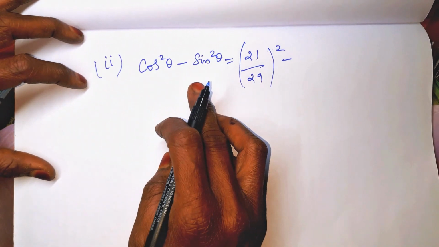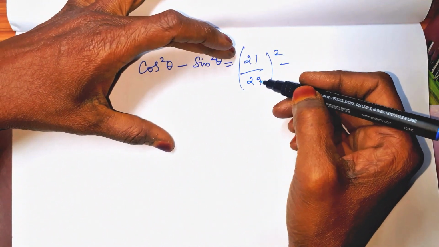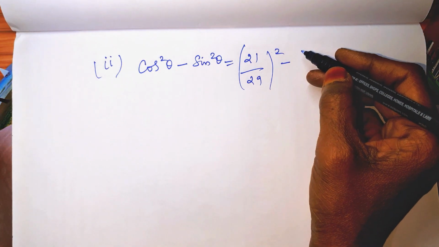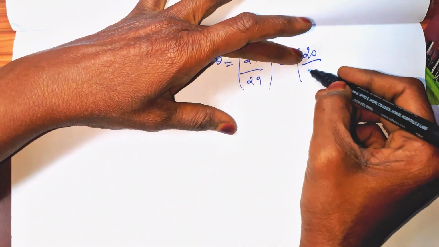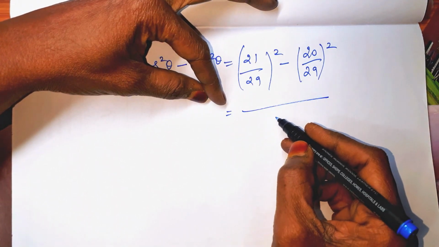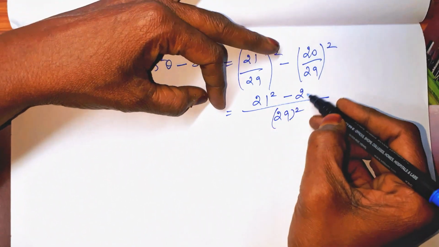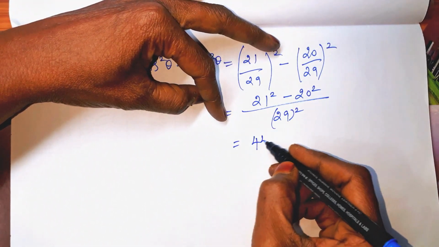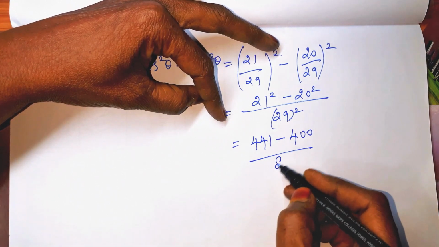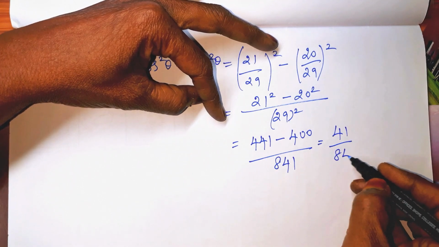Cos square theta minus sine square theta, which is equal to 21 by 29 the whole square minus 20 by 29 the whole square, which is equal to 21 squared minus 20 squared over 29 squared. 21 squared is 441 minus 20 squared is 400, by 841, which is 41 by 841.